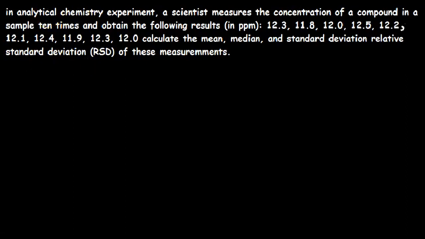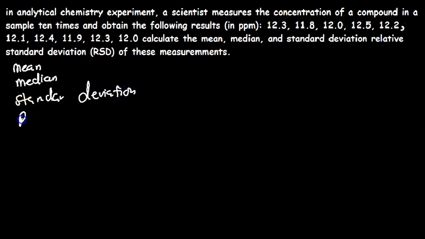Let's write our data. In the first case, we are asked to calculate the mean. Second is the median. Third is the standard deviation. The next one is the relative standard deviation, which is RSD.